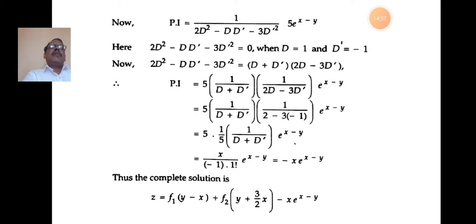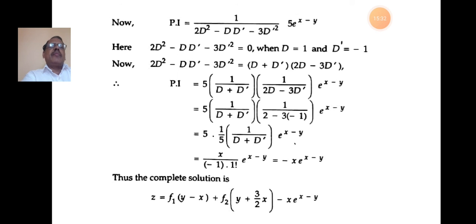To find the particular integral, PI = 1/(2D² − DD' − 3D'²) · 5e^(x−y). You see this can be factorized as (D + D')(2D − 3D'). So PI = 5 · 1/(D + D') · 1/(2D − 3D') · e^(x−y).